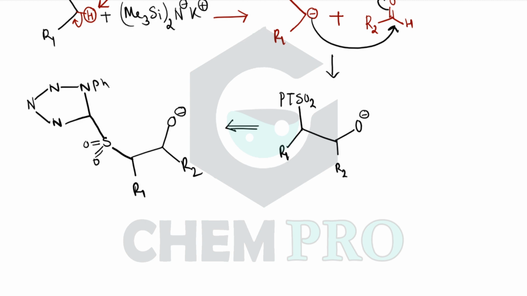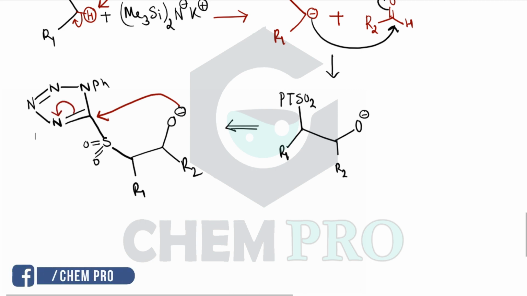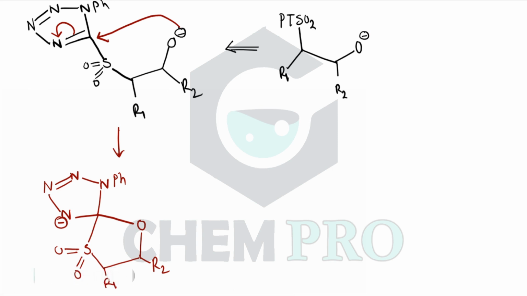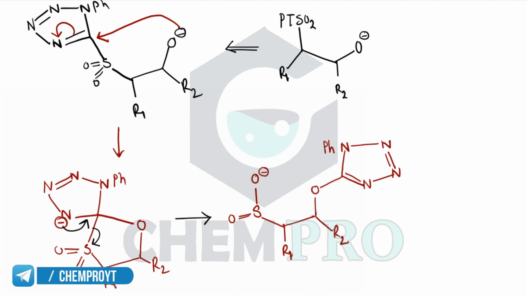Now this O negative will attack this, and this double bond will break. So from these we have this product. This negative on the nitrogen will make a double bond, and it will break the bond to the sulfur, and from this we have this moiety.